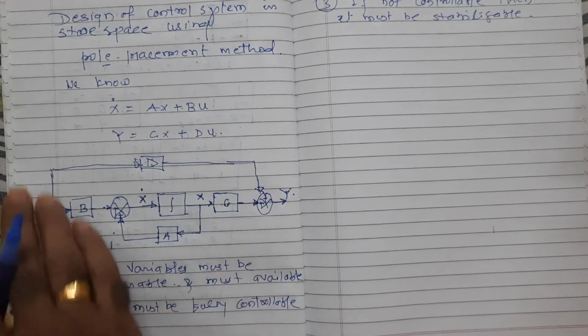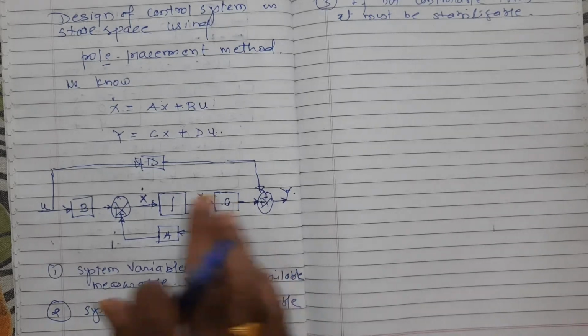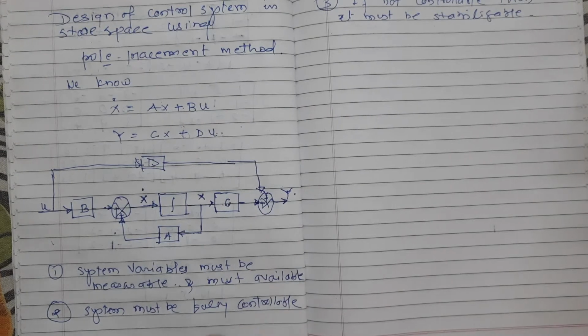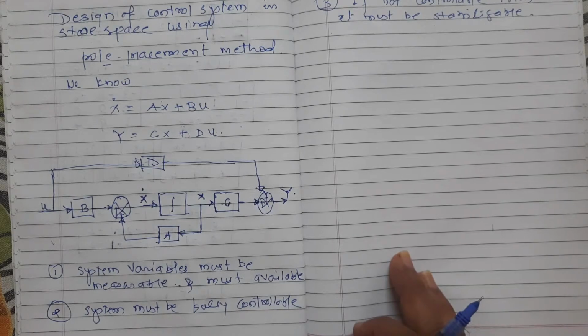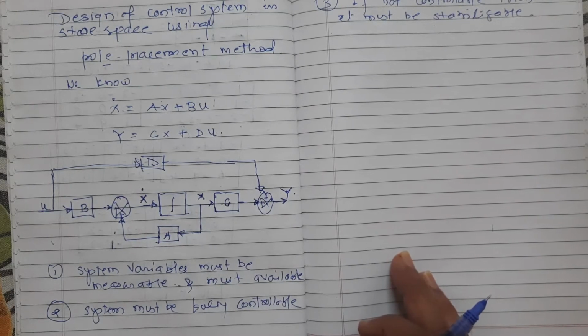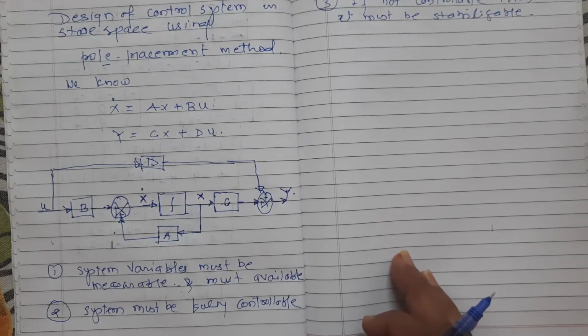If the system is controllable, that means I can put the poles at any desired location which I want, and then we can find out the state feedback gain matrix, by using which we can put the poles at any desired location.